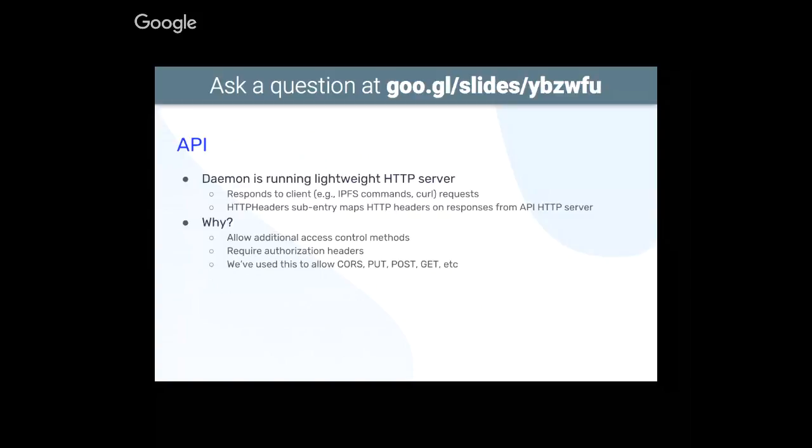There's an HTTP headers sub-entry for the API item in your config that allows you to specify HTTP headers on responses from your API server. You might want to do that if you want additional access control methods, maybe requiring authorization headers. Maybe you want to enable a public API, but use JSON web tokens to control who has access to what API calls.